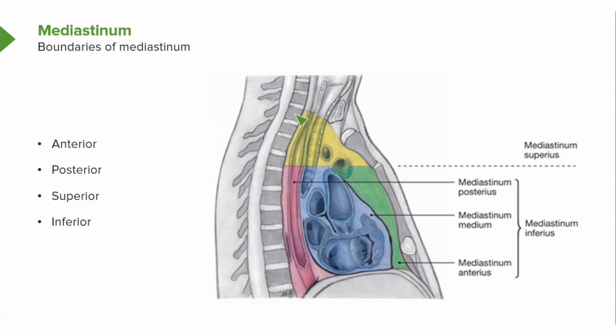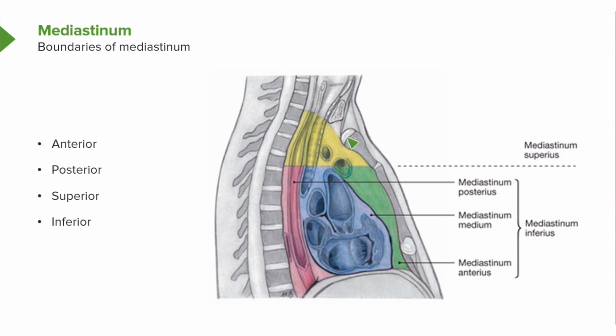The posterior boundary to your mediastinum will be all 12 thoracic vertebrae. T1 is here, 2, 3, 4, 5, 6, 7, 8, 9, 10, say a little bit of 11, and then 12 would be just a little bit below this illustration.